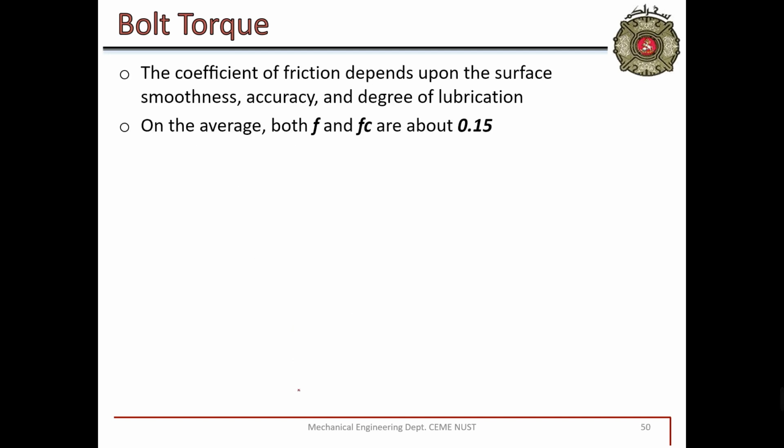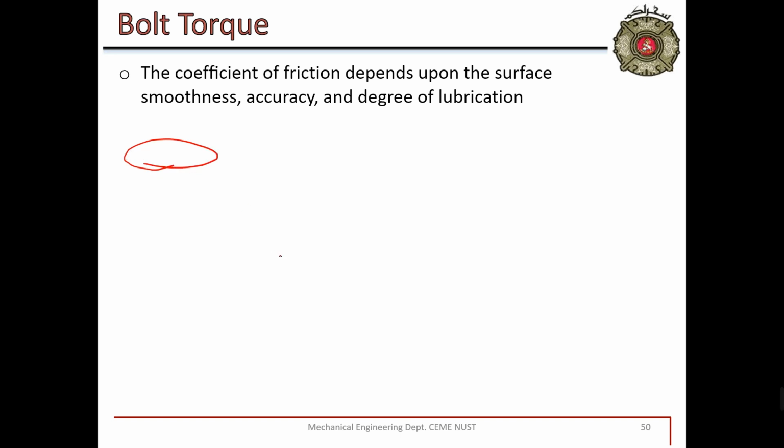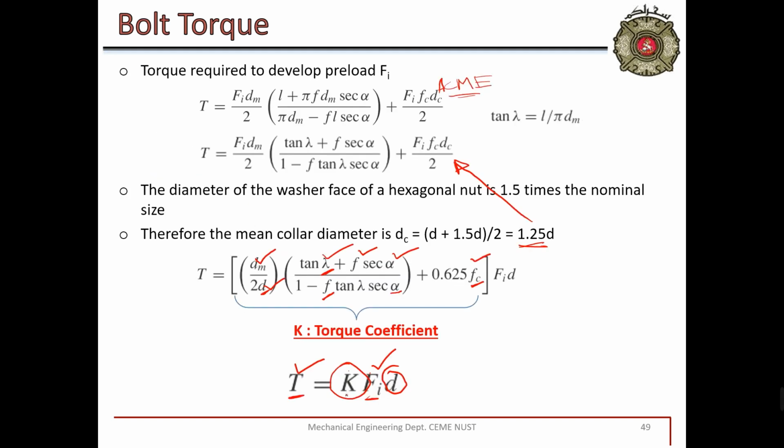Luckily, you don't have to do all this. Just use K equal to 0.2 unless stated in the problem. So just use K equal to 0.2 in this equation, where Fi is the preload required and d is the diameter of the bolt.